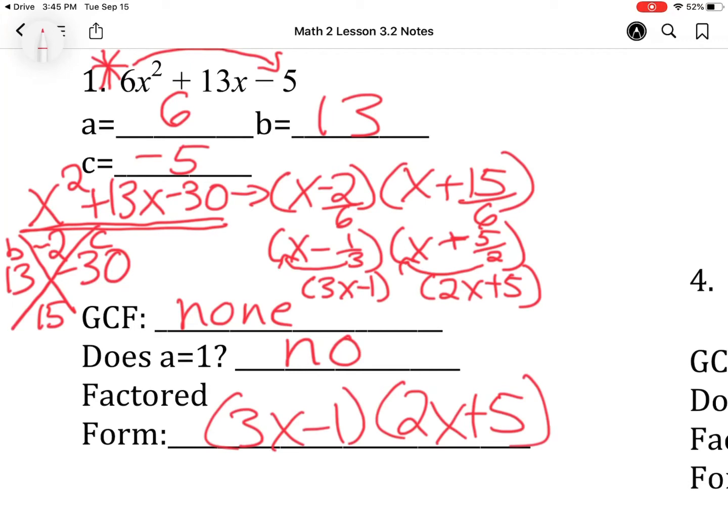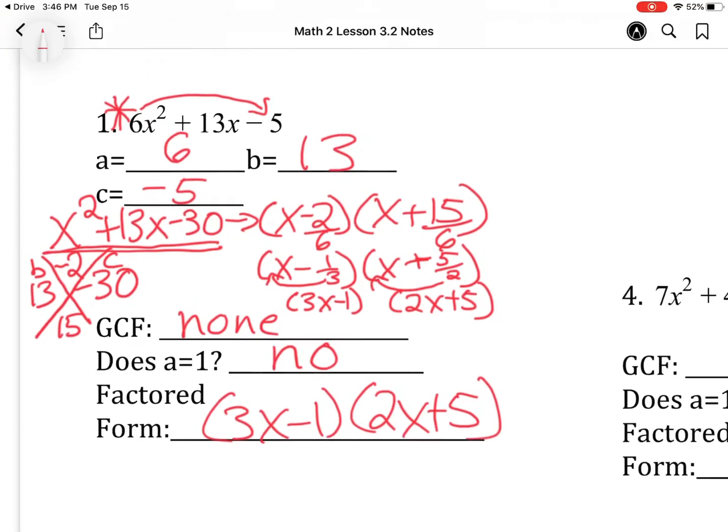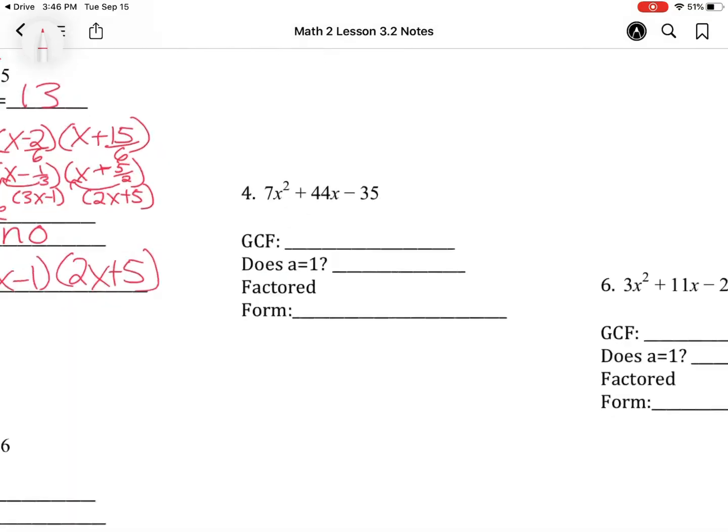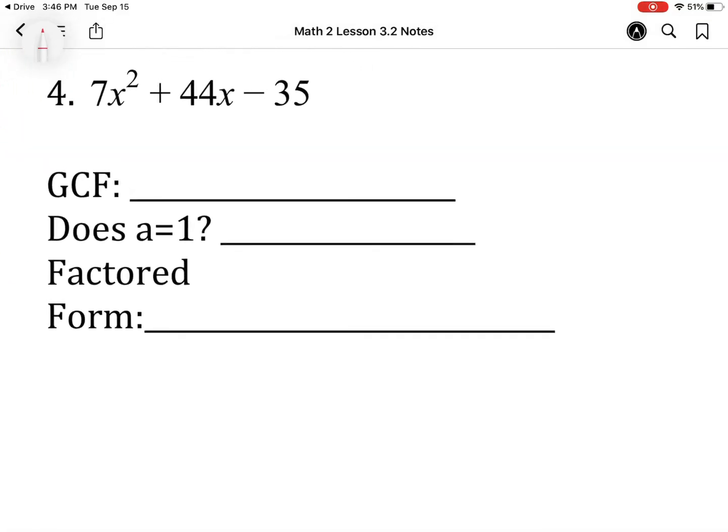So let's do another one. Trying to look for one that both of you guys are going to have, honors and math 2. So let's do number 4. All right.